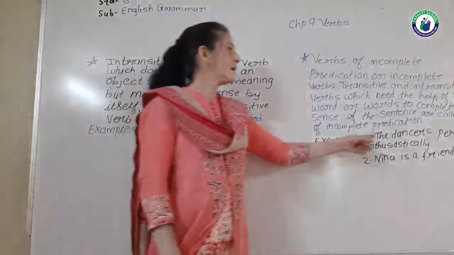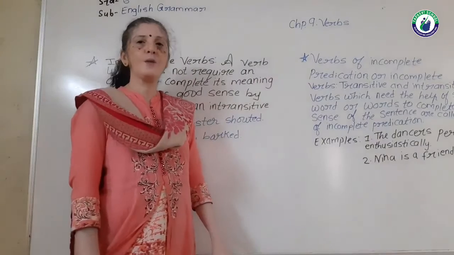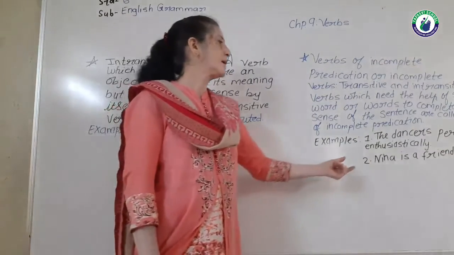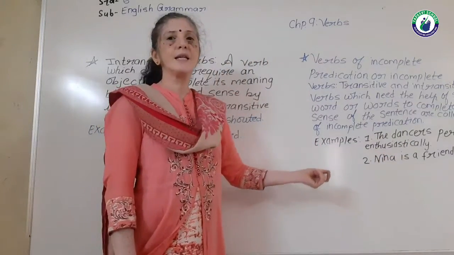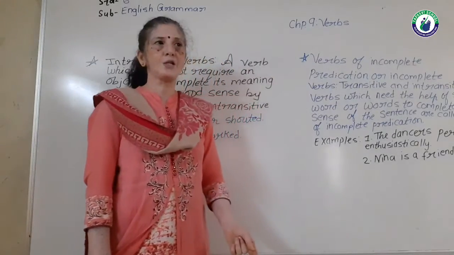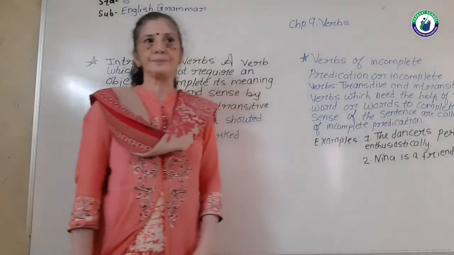For example, the dancers performed. See here, perform is an intransitive verb. Second one, Nina is a friendly girl. See here, is is called a verb of incomplete predication because it requires some word to complete the meaning.